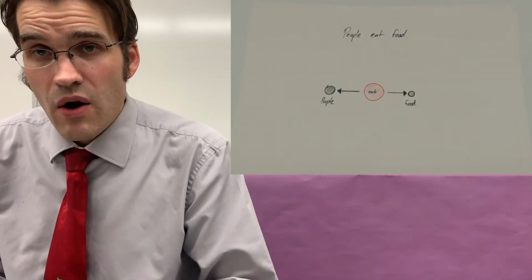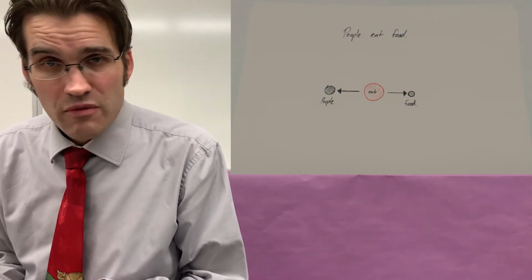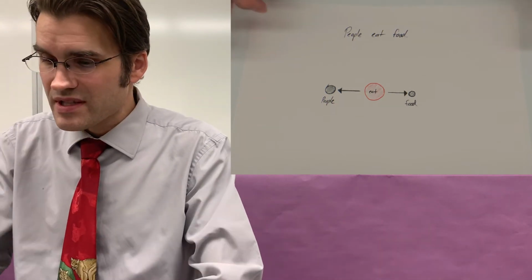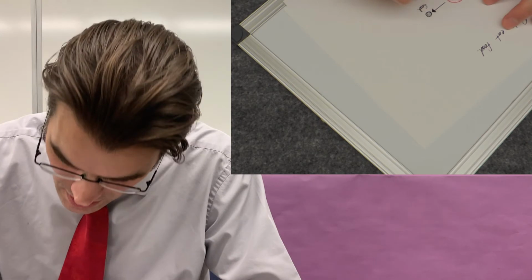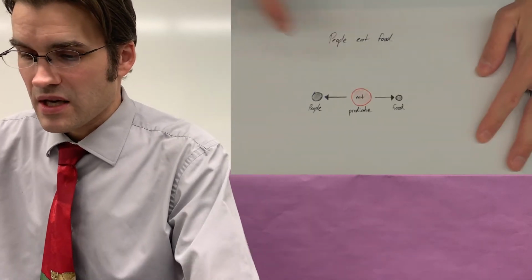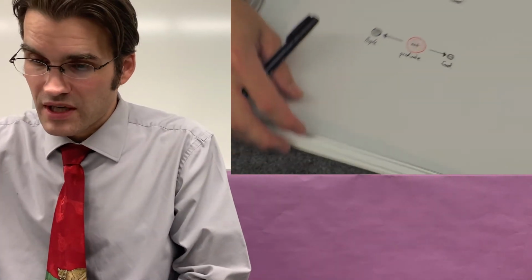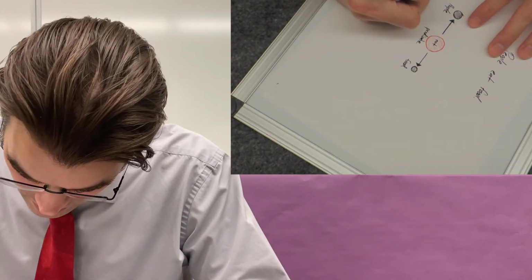There we go. Now, what you can do at the end here is you can actually label the different parts, okay? So let's label this as predicate, okay? Here is my predicate, and this is going to be my subject. All right, subject.